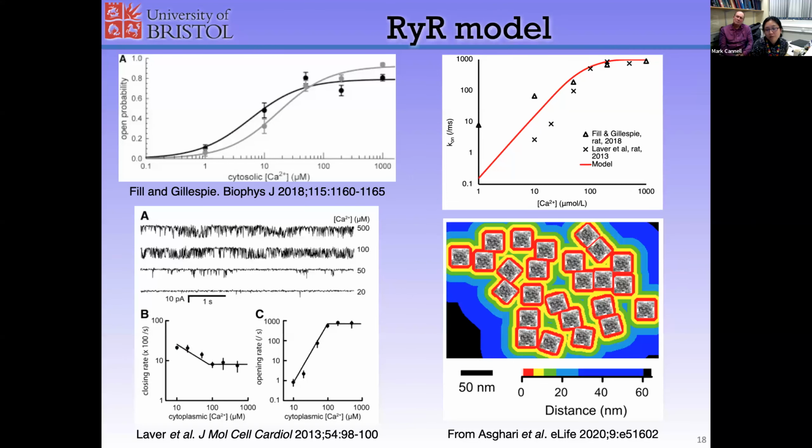Our RYR organization was taken from the EM work of Cherrie et al., and the channels are shown here, but we've also overlaid a distance map from the channels to indicate where locations of L-type calcium channels may be.